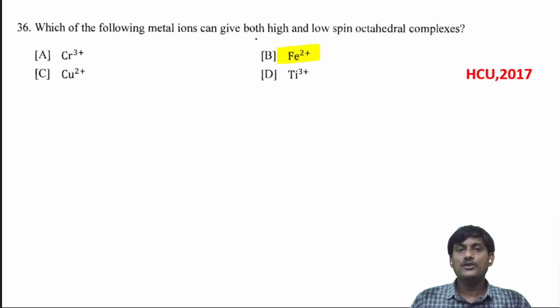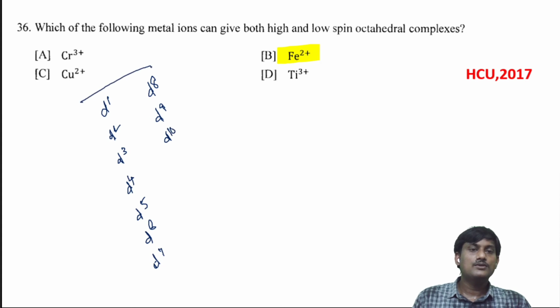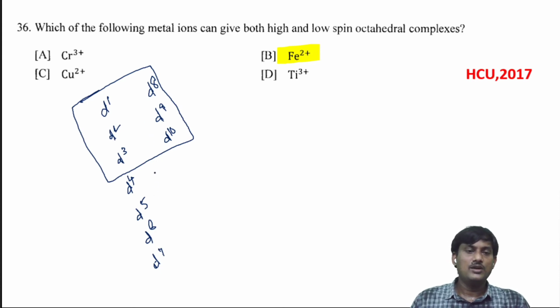Which of the following metal ions can give both high and low spin octahedral complexes? We have d1, d2, d3, d4, d5, d6, d7, d8, d9, and d10. These electronic configurations cannot exhibit both high and low spin octahedral complexes. But d4 to d7 exhibit both high spin and low spin.